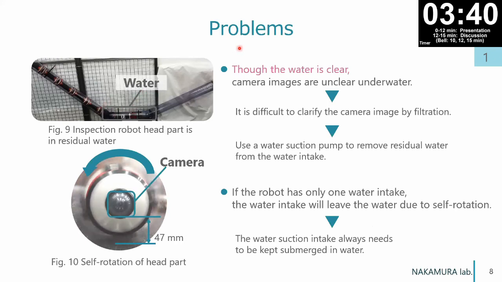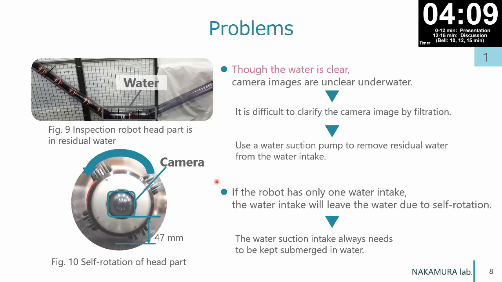Considering the development of the mechanism, there are two problems. First, even if the water is clear, the camera images are unclear in the residual water. So it is difficult to clarify the camera image by filtration. And we decided to use a water suction pump to remove residual water from the water intake.